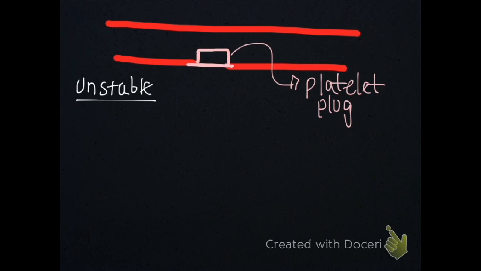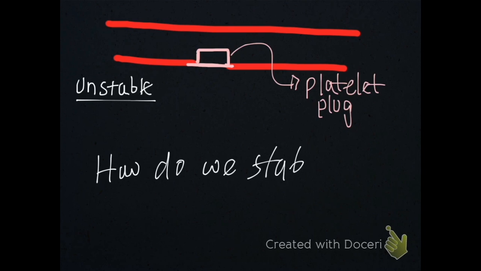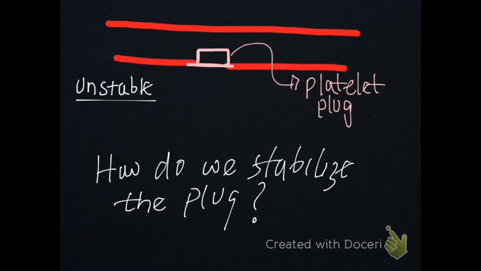The important thing for us to keep in mind, however, is that the platelet plug that we have formed initially is unstable. This can be dislodged very easily. So we need to consider next is how are we going to go about stabilizing our platelet plug, and that's where secondary hemostasis comes to play.